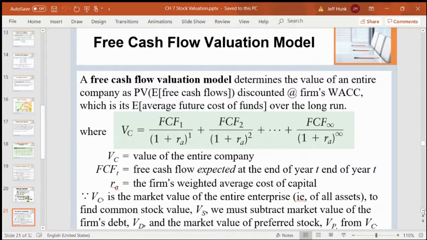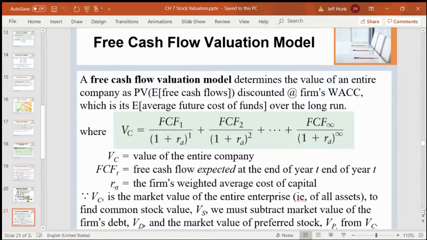But what if the dividend? Some companies don't pay dividends, right? Companies pay dividends, but they may skip the dividends for a number of years, and then resume the dividend payout again.